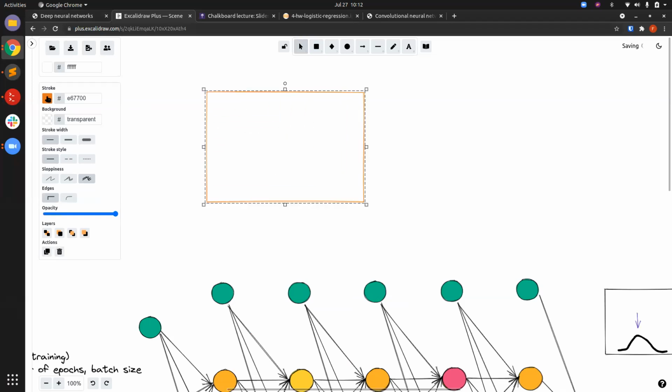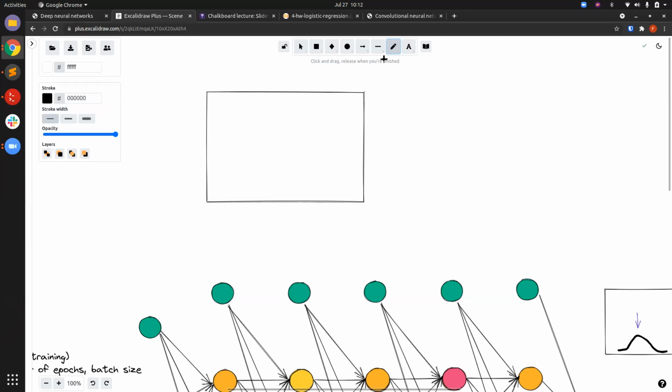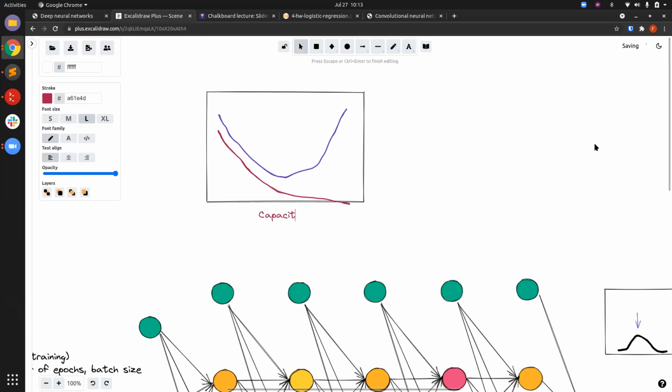Now I'm going to tell you a secret. At the beginning of the semester, we talked about the bias-variance trade-off. And we showed this curve, which is in all the standard textbooks. This curve says, as the complexity or capacity of the network increases, so as the ability of the network to learn complicated functions increases, this is what the loss looks like.